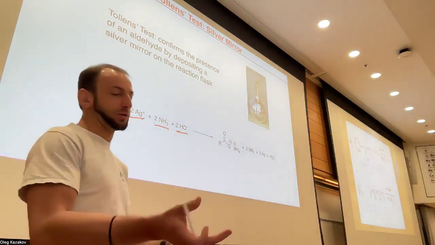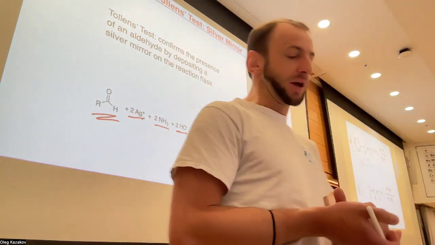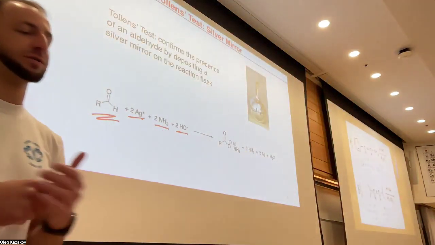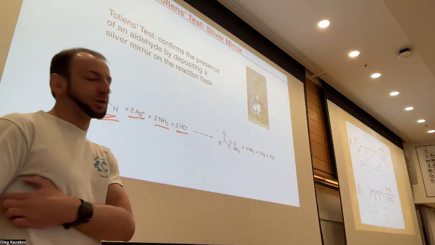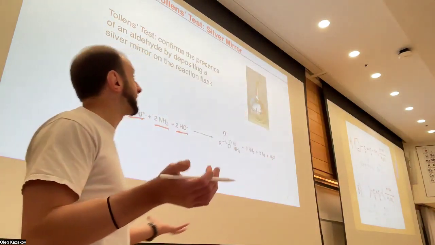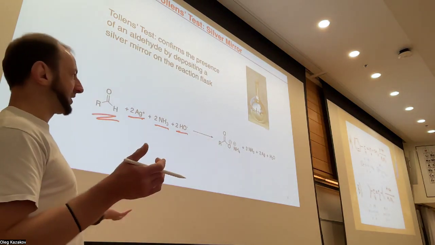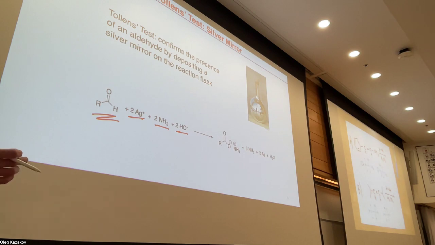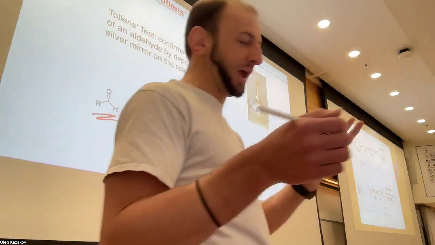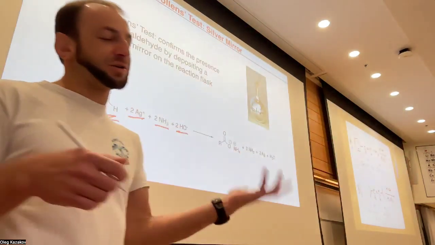That's what we need for this test reaction. It's a qualitative test, so we don't want to count how much of the stuff we have, we just want to qualitatively assess whether we have an aldehyde or not.